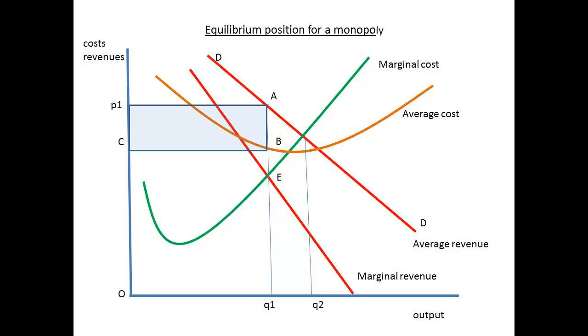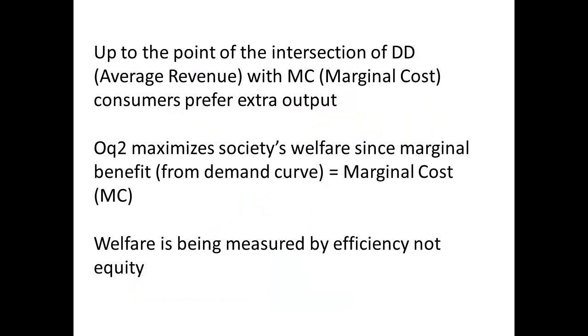The marginal cost is Q1E, but the price being charged is Q1A. A monopoly charging this price will lead to a Pareto suboptimal allocation of resources. Up until the point where marginal cost and average revenue meet, therefore demand, the consumer prefers additional output. So OQ2 maximizes welfare.